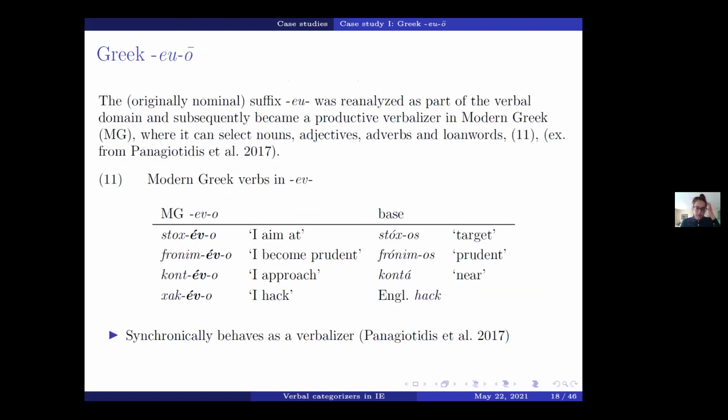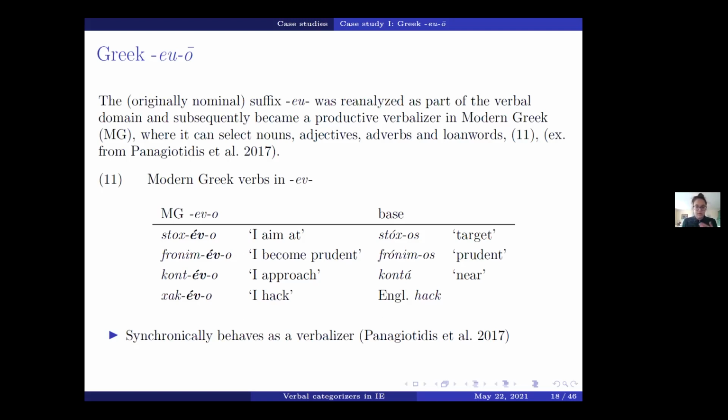And on the way to modern Greek, this originally nominal suffix was apparently completely reanalyzed as a verbalizer as part of the verbal domain. It's a productive verbalizer in modern Greek, where it selects nouns, adjectives, and adverbs, and is used to nativize loanwords, as in 11. And this is discussed in detail in this very nice article that's cited here, Panayotidis et al. 2017, where they show that this -evo in modern Greek synchronically is just another verbalizer, and there's no -f in the base here.